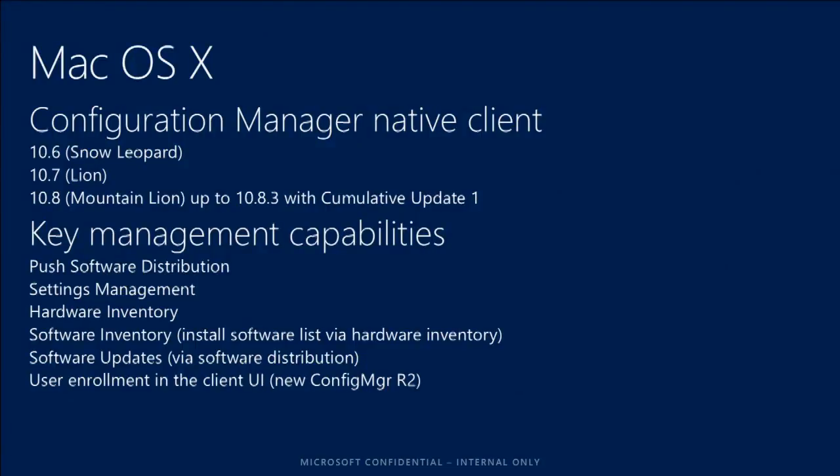You can do software updates through software distribution technology as well. So some of the core capabilities to help get your Macintosh environment centrally managed through the same console you're using to manage your Windows environments, those mobile devices that Mark talked about through the Windows Intune connector setup, and then now the Macintosh environments. And by the way, we also do support Linux and Unix environments as well.